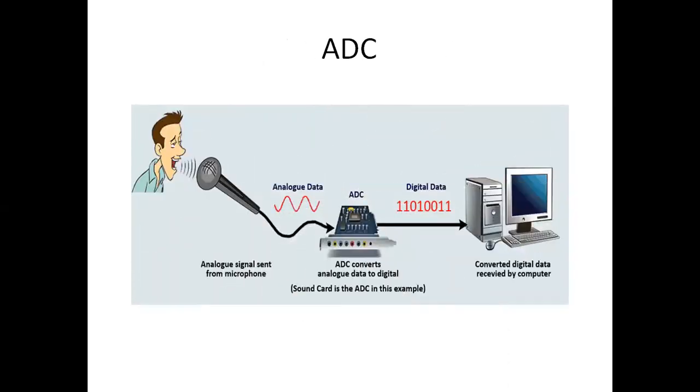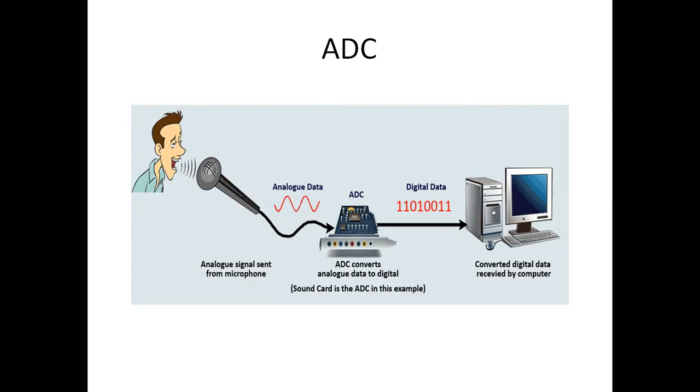I have taken one picture so that you can understand this very easily. We convert the analog signal by an ADC into digital data. First, using a microphone, we catch the sound and transmit this analog signal to the analog to digital converter, and the analog to digital converter converts it into digital data, and this digital data we can apply in the digital system.